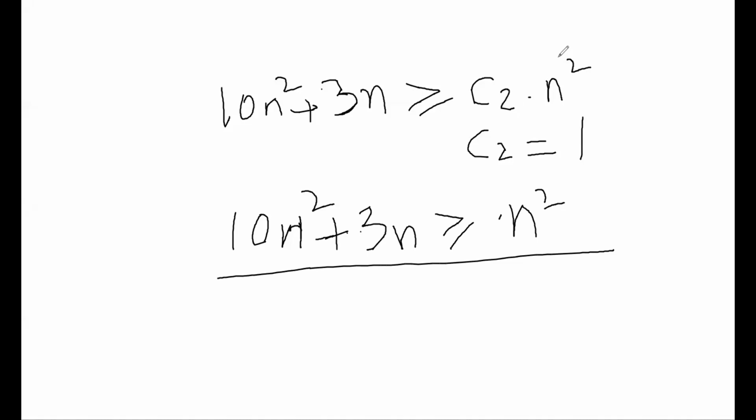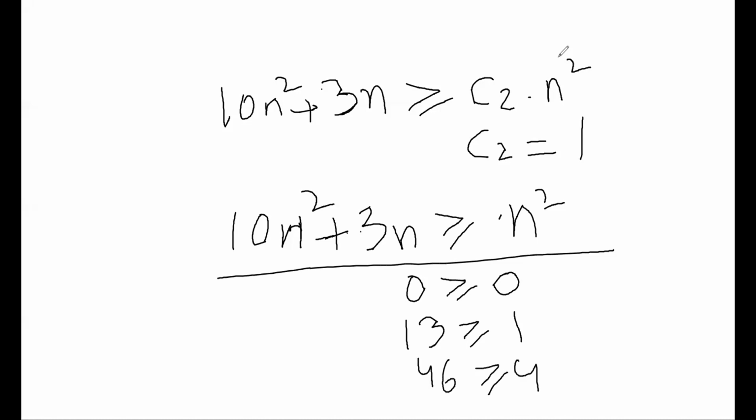So if let's say n is 0, then 0 is greater than or equal to 0, it is true. If n is 1, 13 is greater than or equal to 1. If n is 2, 46 is greater than or equal to 4. So it's always going to be true, because beyond 0, the left hand side would always be greater than the right hand side.